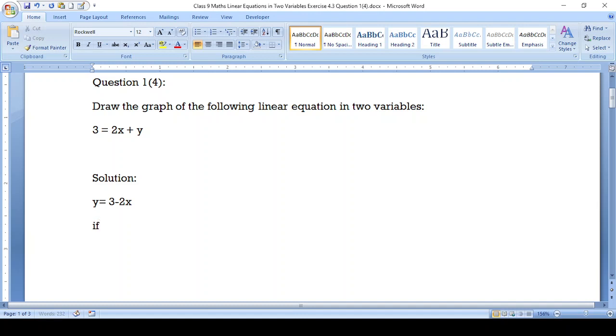In the first case, if x is 0, then by putting x = 0 in the above equation, we get y = 3 - 2 into 0. So y = 3. If x is 0, then y is 3.